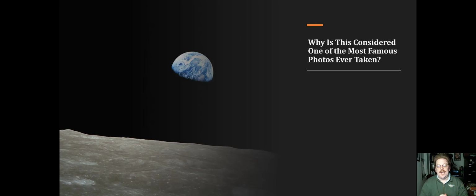It is far smaller than we see in everyday life. Even in aircraft, we don't see the Earth that small. So when we start talking about larger and larger scales, keep this picture in mind, as it really informs just how small we are in the grand scheme of the universe.